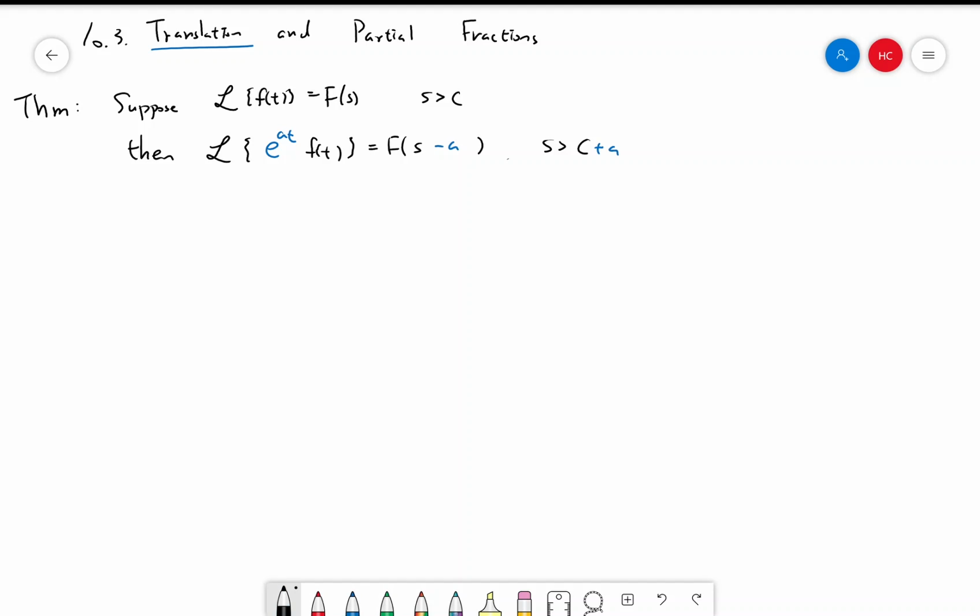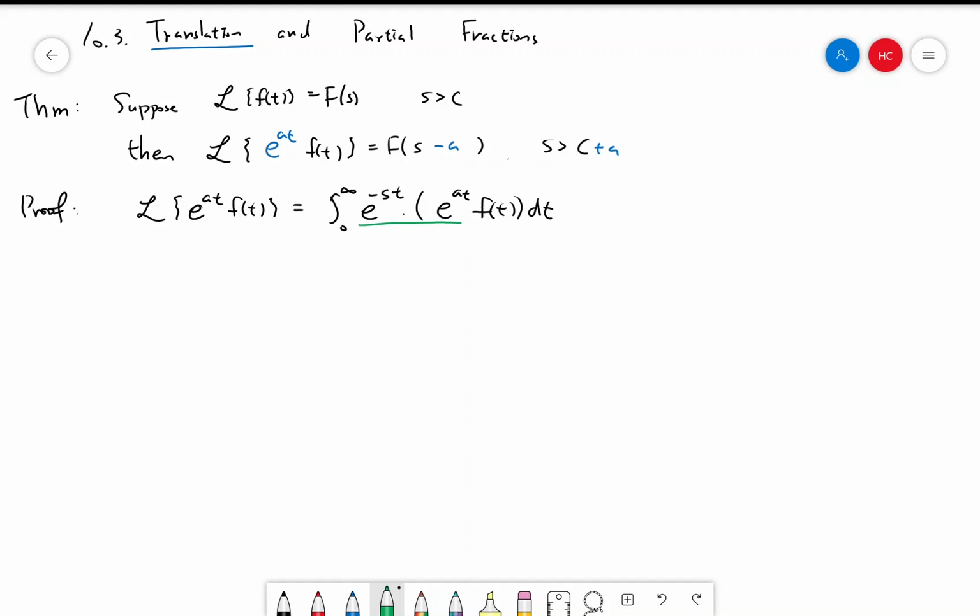The proof of this is simple following the definition, so let's do it. The Laplace transform of e to the at times f of t, by definition, is the integral from 0 to infinity of e to the negative st times e to the at times f of t dt. And let's combine these two terms.